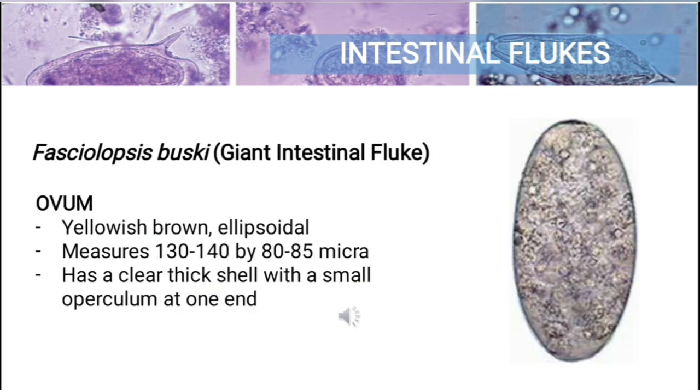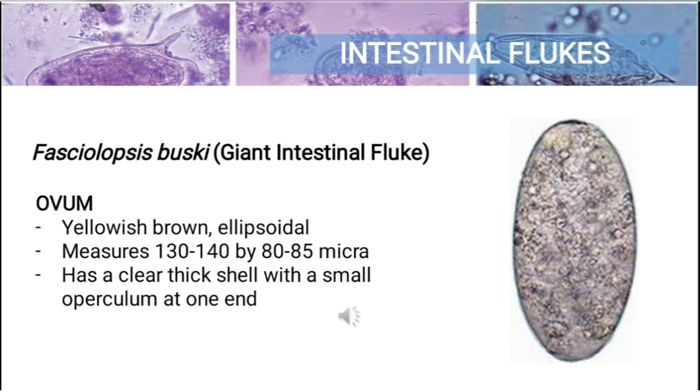The next one is the ovum or the egg of our Fasciolopsis buski. So the egg is large, operculated, and embryonated when first passed in the feces, and it is indistinguishable from the eggs of Fasciola hepatica and Fasciola gigantica. It measures 130 to 140 micrometers by 80 to 85 micrometers.